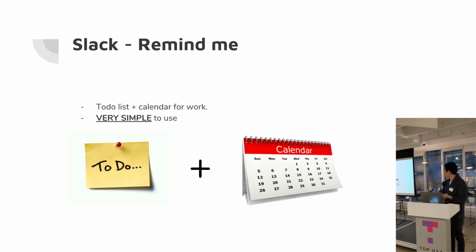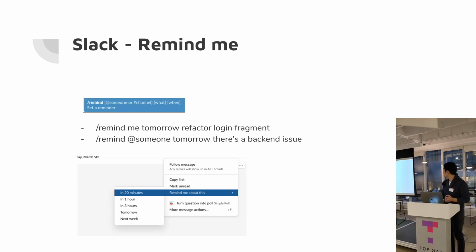So how does Slack Remind Me help? It's basically a to-do plus calendar report. Everyone has their own to-do or note-taking tool. I think this one has benefited me a lot more than other tools because it's very simple to use. So I'll show you some examples.